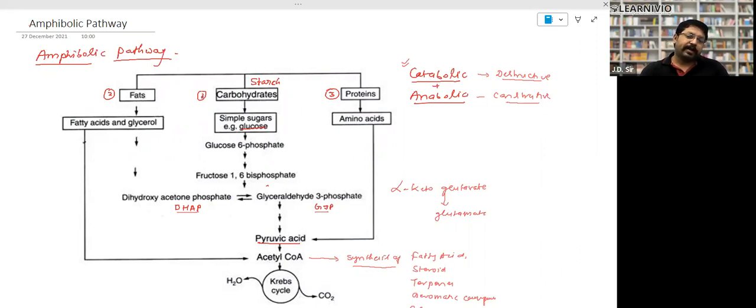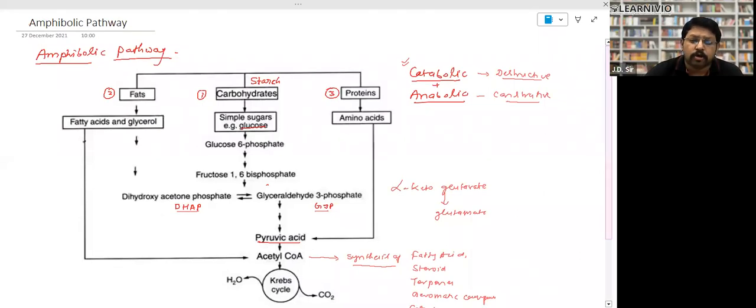So breaking down of fat, of carbohydrate, of protein, that is catabolic reactions, where something is getting broken, right? Anabolic reactions are synthetic reactions, where construction is taking place, synthesis or formation of something, right? So normally it looks like the Krebs cycle is a catabolic pathway.